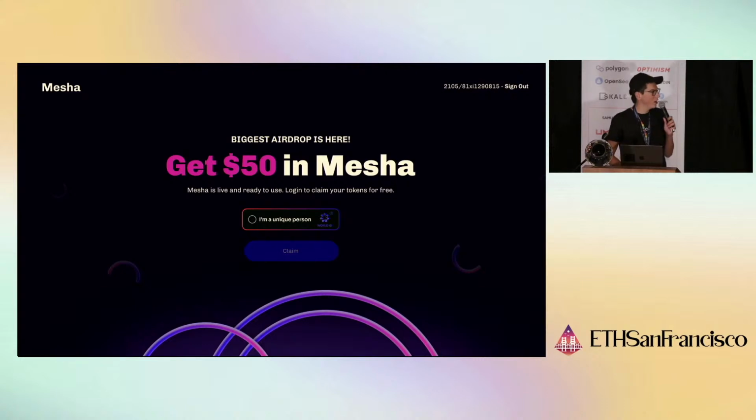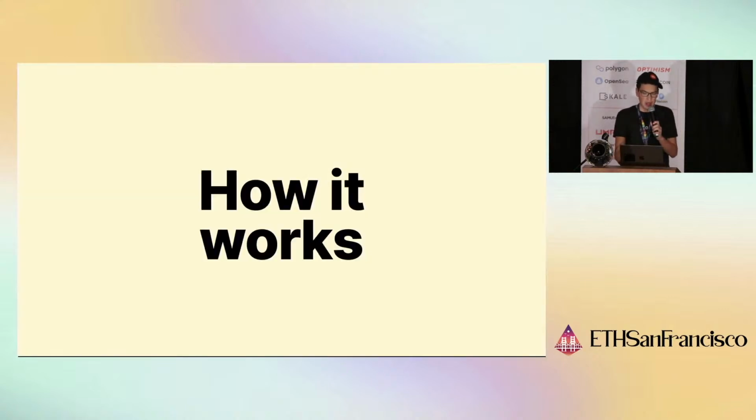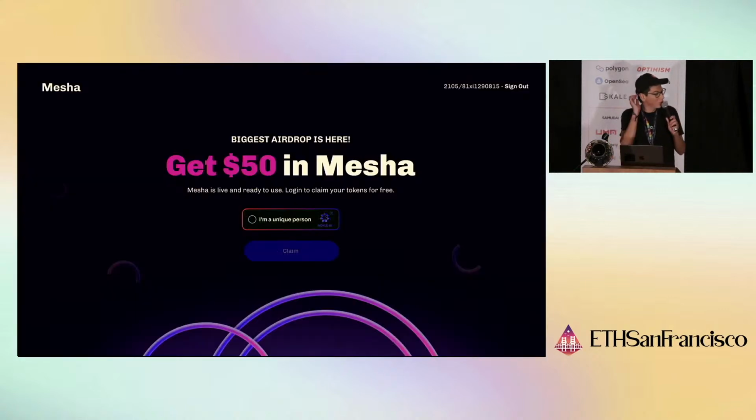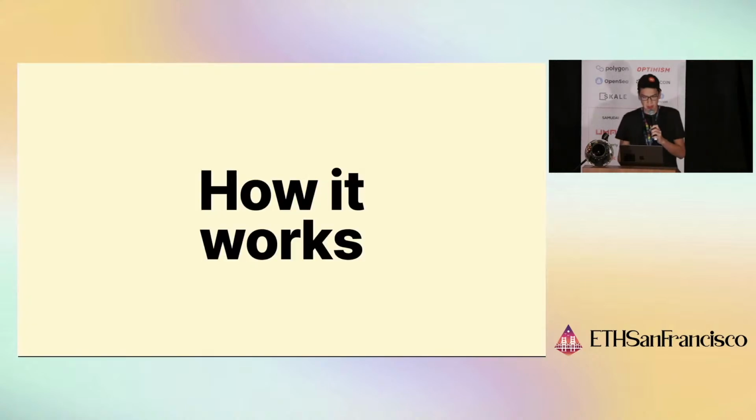So you would add the World ID widget that looks something like this, very similar to a CAPTCHA. It's just very intuitive for users. They would get a QR code. You would scan it with your Worldcoin app, and the app would generate this zero-knowledge proof that you've verified that you're a unique person and you're only doing this once.